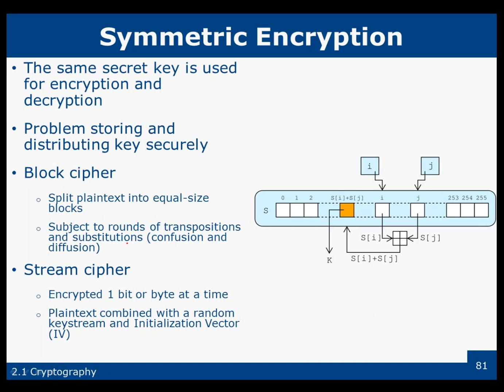The stream cipher encrypts 1 bit or 1 byte at a time. The plain text is combined with a random key stream and an initialization vector in order to create the ciphertext. And I think that generally the block cipher is going to be quicker than the stream cipher.